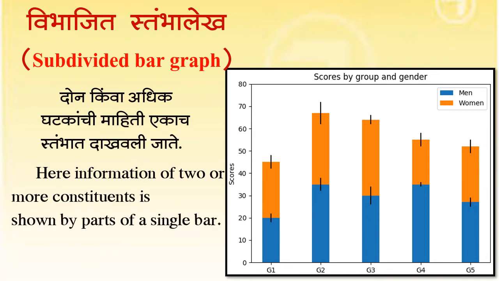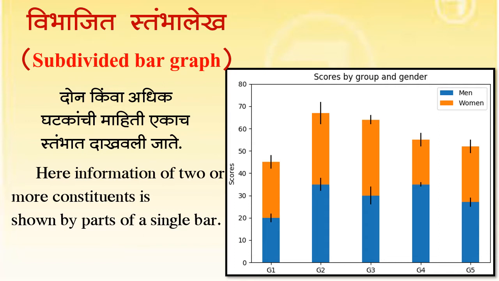Now in a joint bar graph, we are studying information of two or more constituents, but it is shown by different bars. There are different bars and they are joined together. But in a subdivided bar graph, information of two or more constituents is there, but it is shown by parts of a single bar.